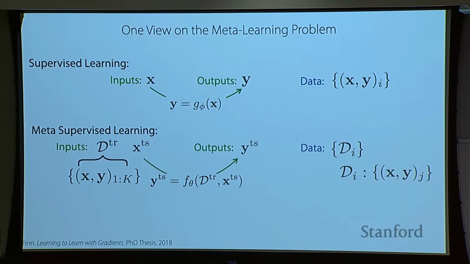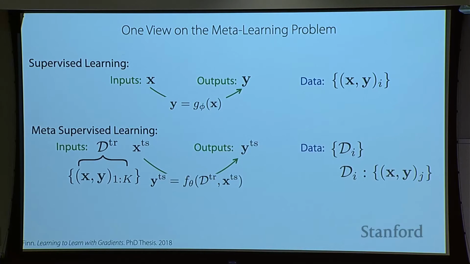Okay, and so we can learn this function with a data set of data sets, where each data set is for a particular task. And the data set for a given task should have more than k examples, so that you can use k in the training data set and some other examples in the test set to measure generalization.